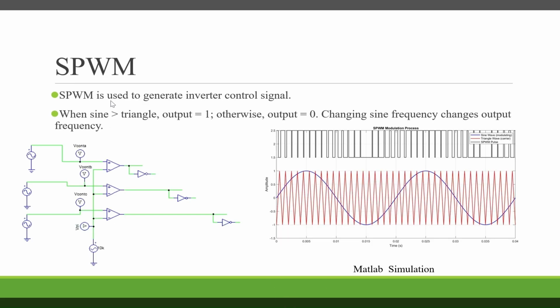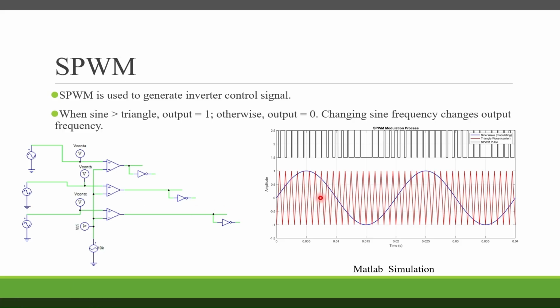SPWM is used to generate inverter control signal. When sine is greater than triangle, the output is 1. Otherwise, output is 0. Changing sine frequency changes output frequency.